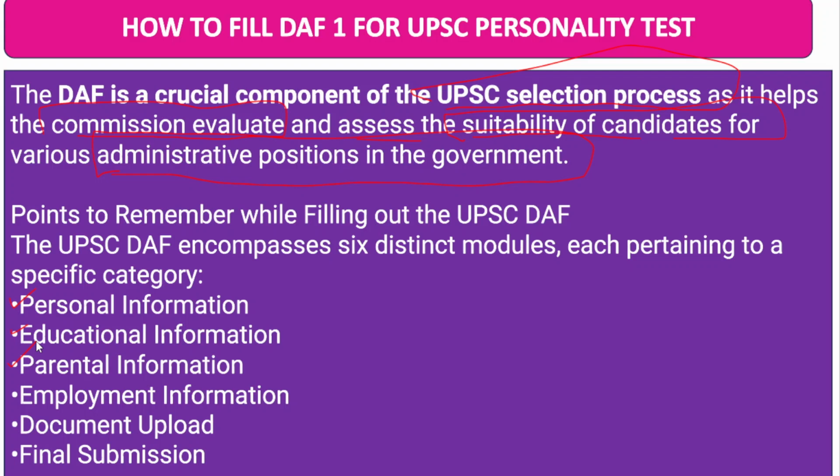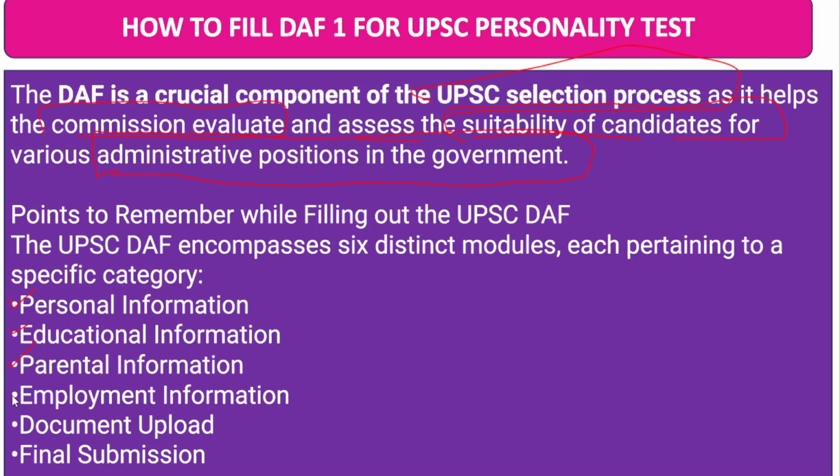You can expect those questions based on your parental information as well. So you have to have a set of questions that can give you a basic idea about what to do, or how to address those questions.